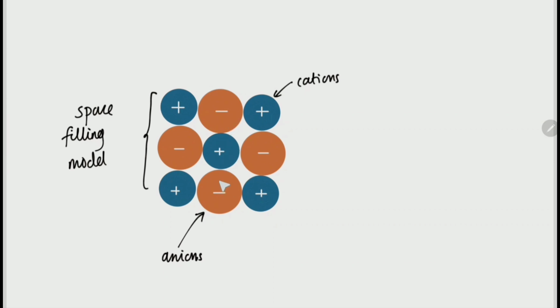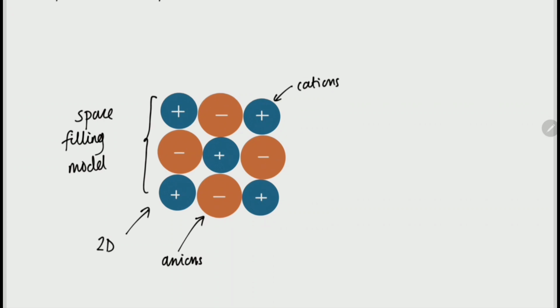If you notice, the sodium ion is attracting at least 4 chloride ions, but this is a two-dimensional diagram, and in three-dimensional space we'll have chloride ions in front and behind as well. So this is one way of representing the structure of ionic compounds.